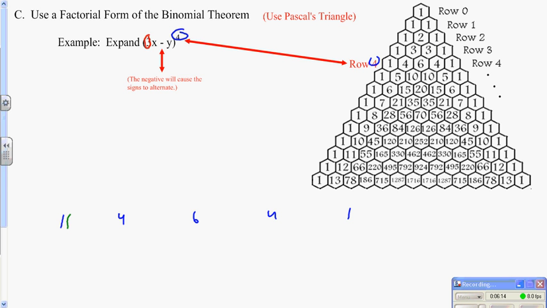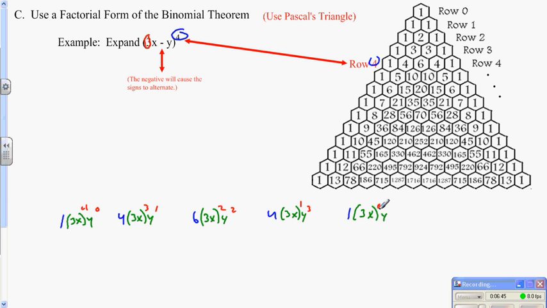Now I'm going to put 3x in parentheses and then y. The reason I put the 3x in parentheses is because we have to remember that when I write a power above it, everything on the inside must be taken to that power.